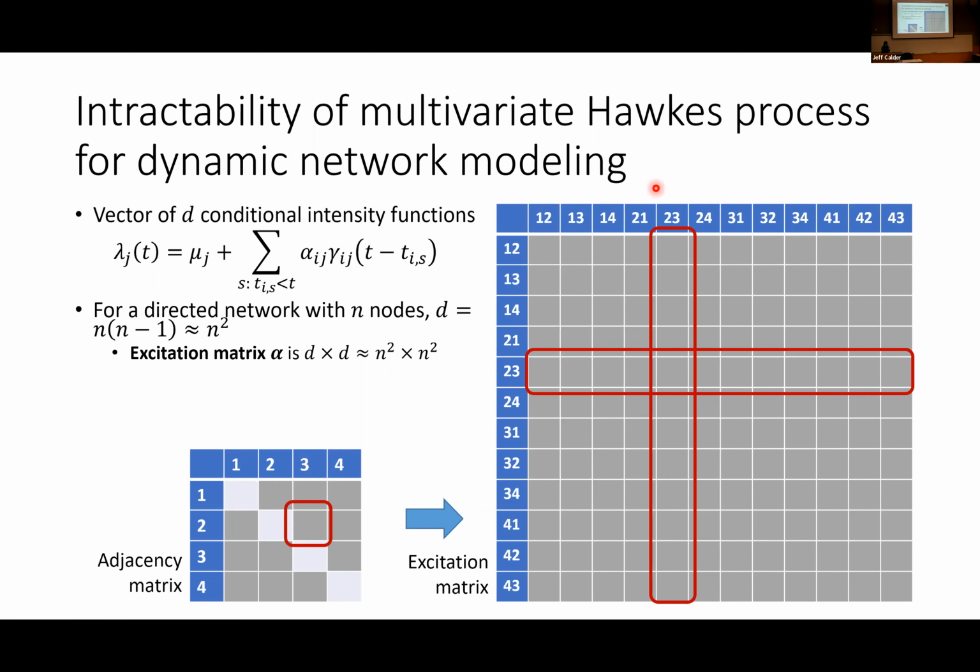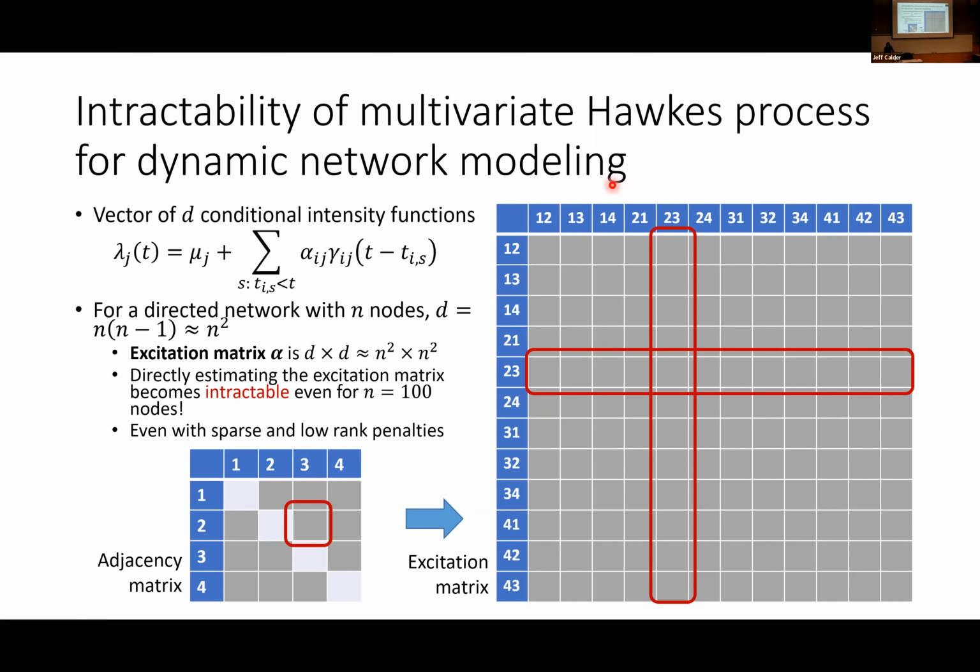Since it's n squared by n squared, directly estimating the entries of this matrix becomes intractable, even if n is pretty small, like 100. Even if you have 100 nodes, that's a pretty small network. Well, now this is 100 squared, so 10,000 by 10,000. Directly trying to estimate this is intractable without giving it some additional structure.